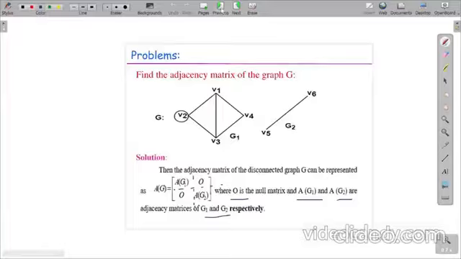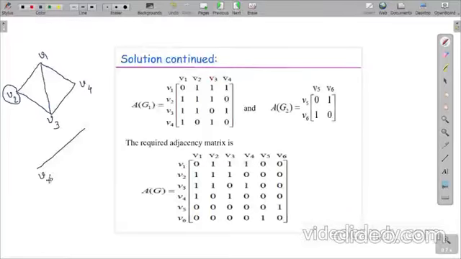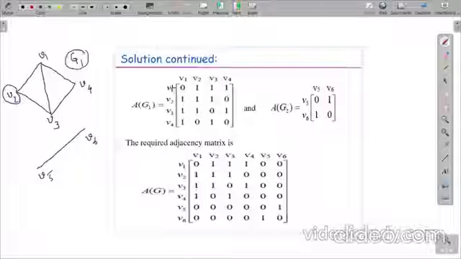Next is V5 and V6. This is our graph. So this is our G1. In G1, how many vertices are there? 4 vertices. I write all the vertices row wise and column wise: V1, V2, V3, V4 and V1, V2, V3, V4.